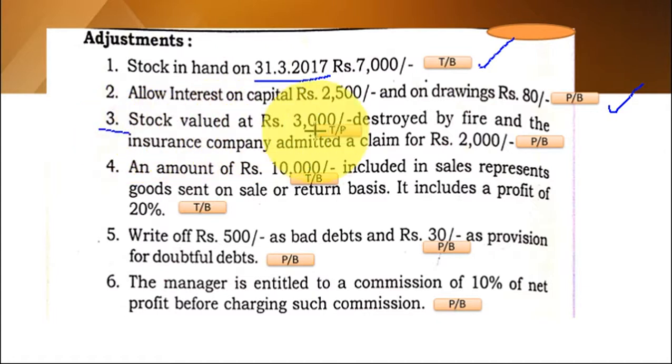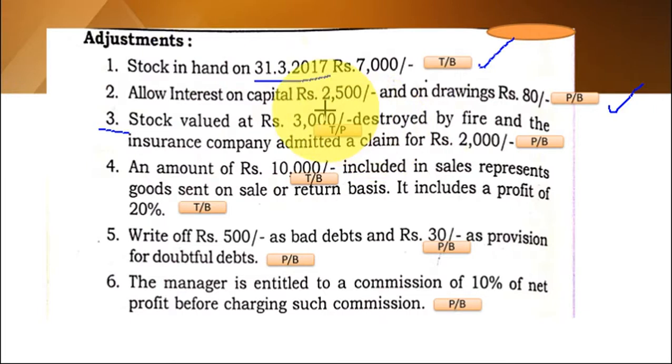Stock valued at rupees 3,000 destroyed by fire. So stock destroyed by fire appears in the trading account, and we have to use this 3,000 for calculation of the loss in the profit and loss account, right?